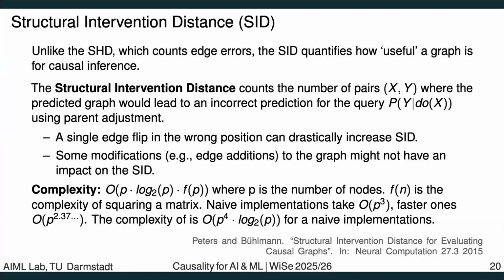If your graph is moderately dense, it will take a long time to compute. So this is a nice thing because we count all these causal queries and errors, but keep in mind that for larger graphs, this might not be applicable.